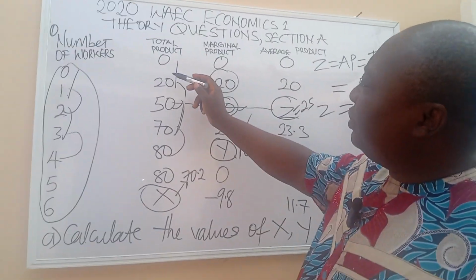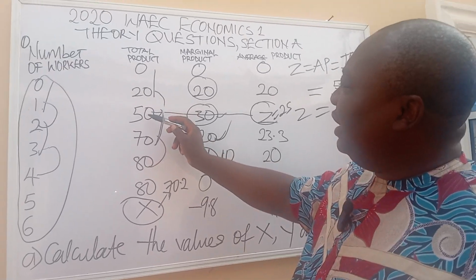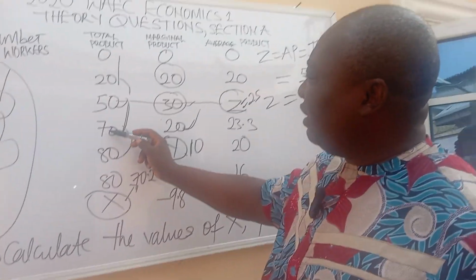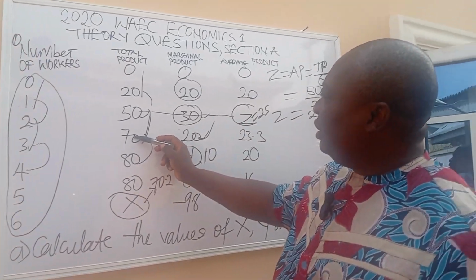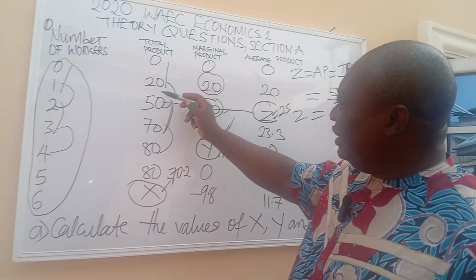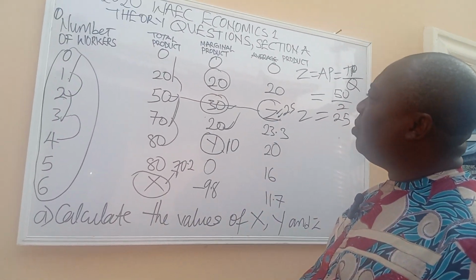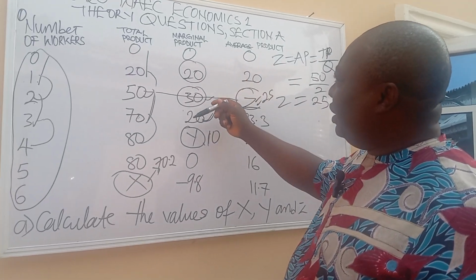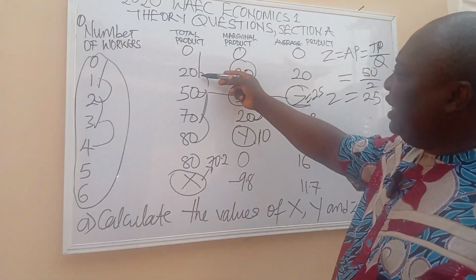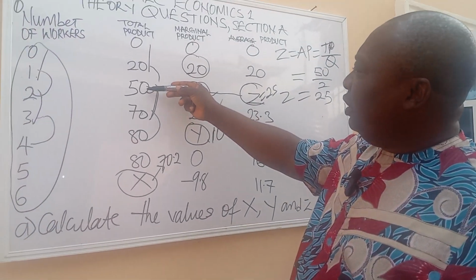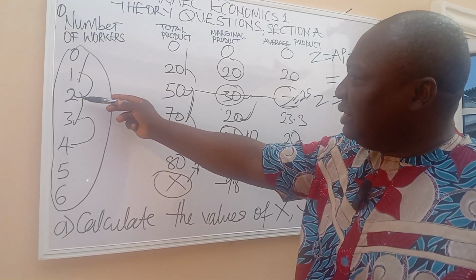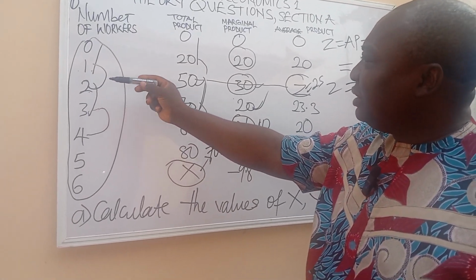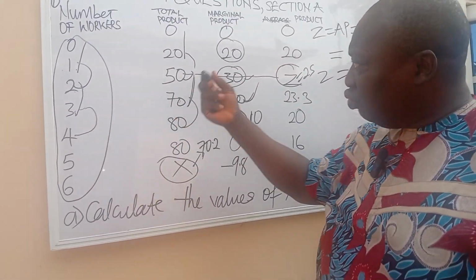Total product here is 0, here is 20, here is 50, here is 70, here is 80, so it's increasing. The first one is 20, the next one increased to 50. So we can say it is when the number of workers is 2.